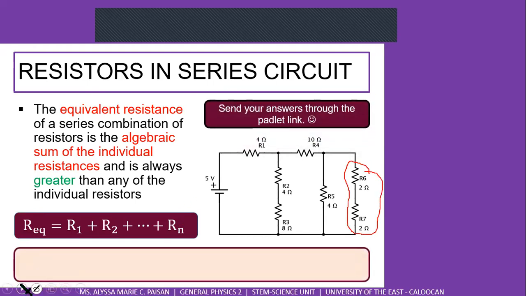So, if the resistors that are connected in series are present in a combination circuit, we're going to call the total resistance of them R, tapos yung numbers ng resistors, R67. Because this one will tell us it's the equivalent resistance for R6 and R7. That's going to be equal to R6 plus R7. Okay?